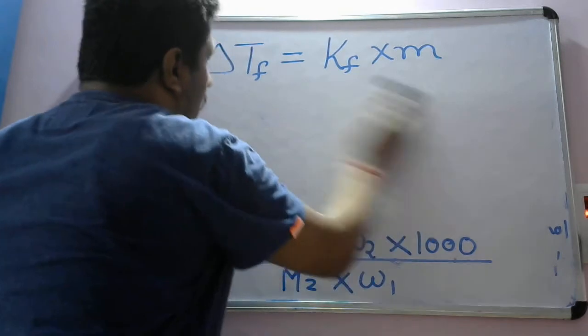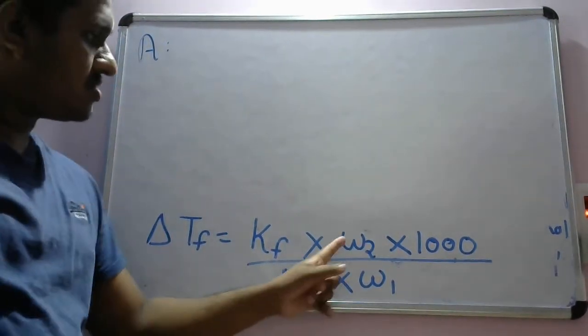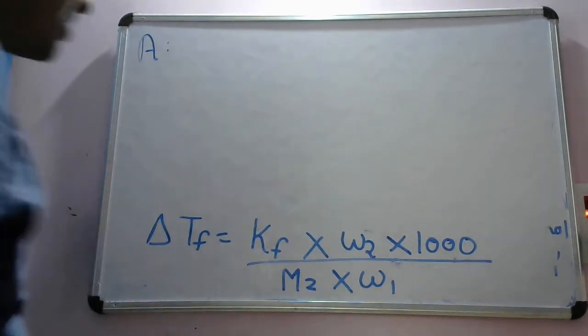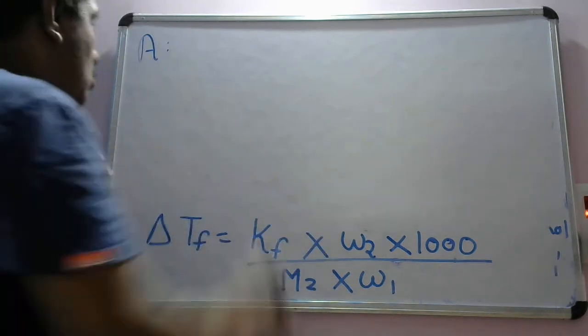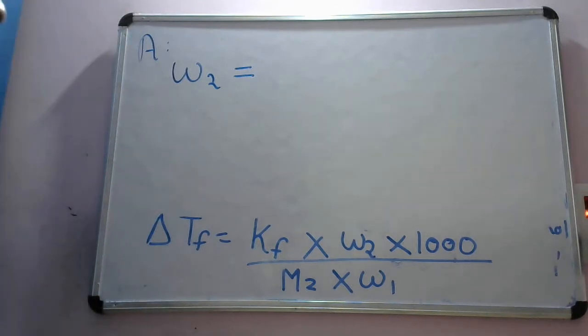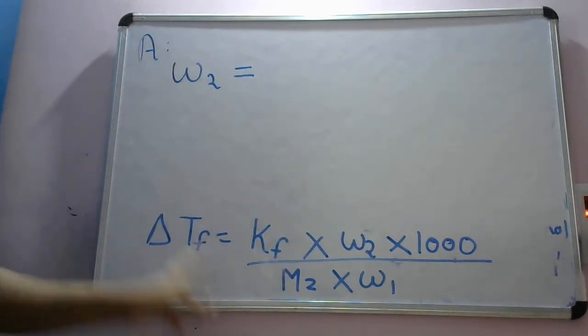We have to find W2, the mass of the solute, that is ascorbic acid. The same method: keep W2 on one side as we have done in the previous question, and all other known values on the other side. So let us do that.